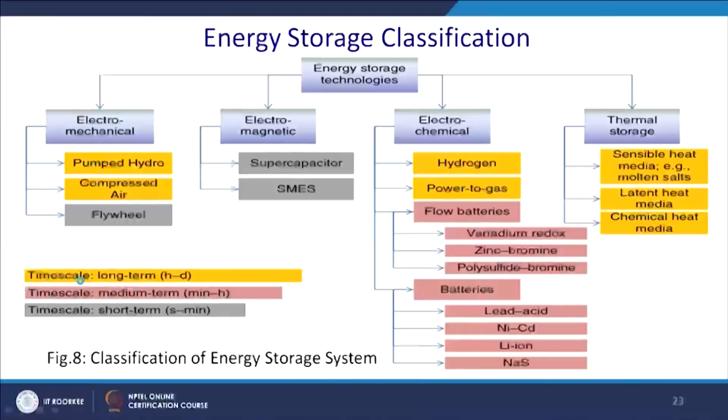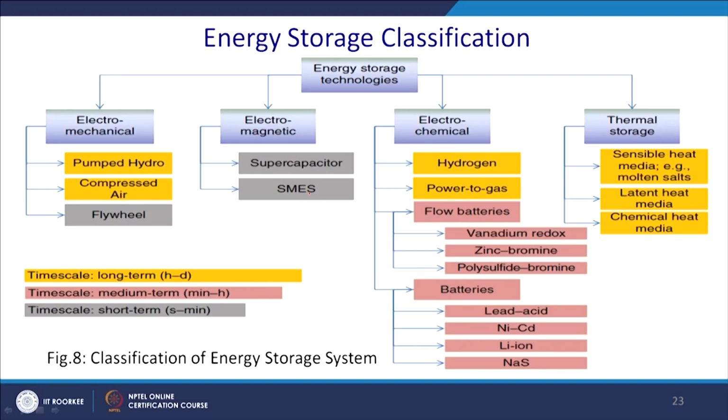So, this is the overall classification of the storage elements. You can have electromechanical storage elements, that is pumped hydropower stations, we have one in Purulia in West Bengal, compressed air, fuel, and thereafter you may have electromagnetic, you may have superconductor, SMES, thereafter we may have electrochemical, that is hydrogen, power to gas, flow battery.